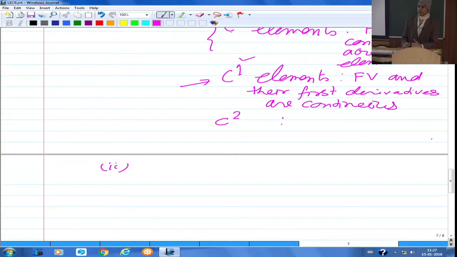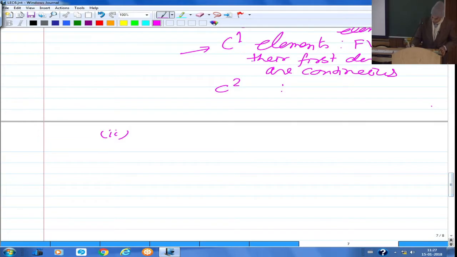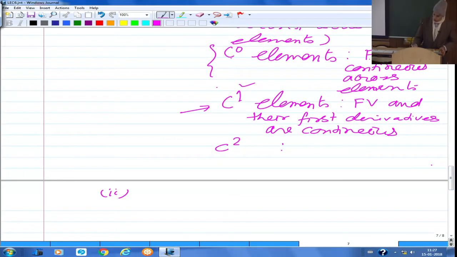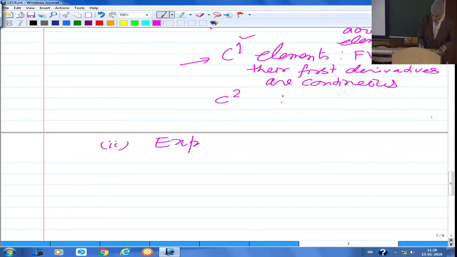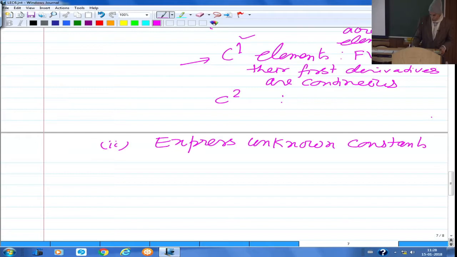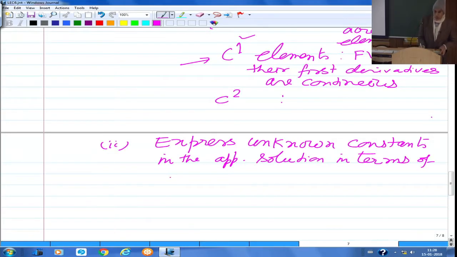So here we express the unknown constants in the approximate solution in terms of the elemental degrees of freedom, so that we can directly ensure C0, C1 or C2 continuity depending on the problem.